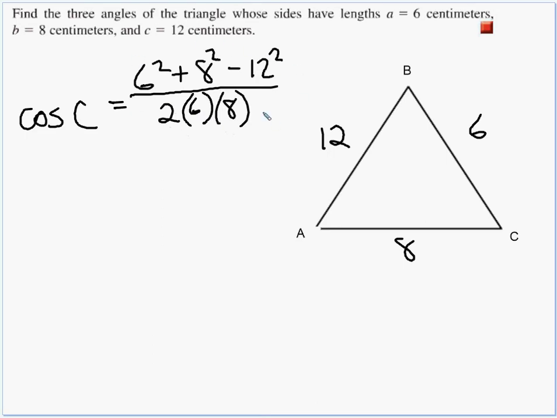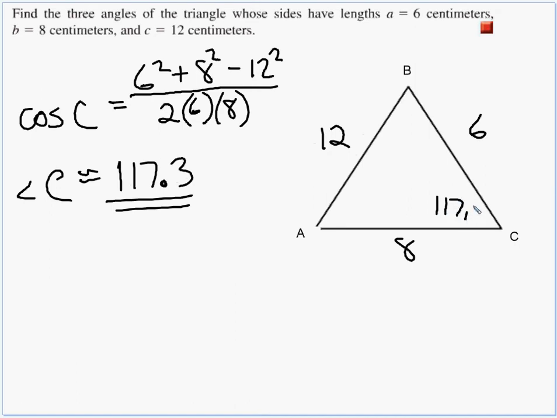So there's our fraction set up. We get that as a decimal in our calculators, and then cos inverse, angle C is approximately 117.3. So it was an obtuse angle, and we found it right away.